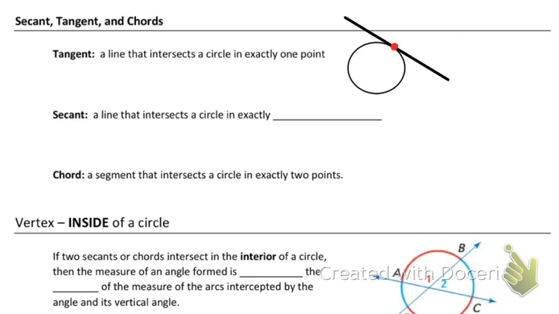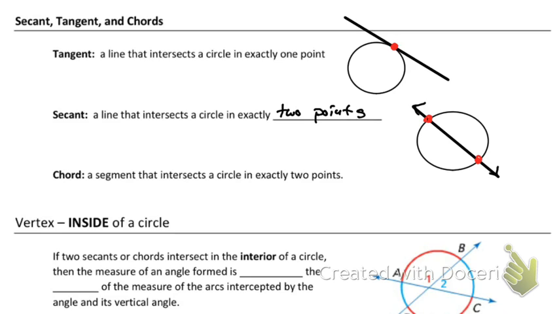Not 1, that's a tangent. 2. 2 would be a great guess, and 2 is in fact correct. Exactly 2 points. So an example of that would be a circle and just a line going through that circle. So that right there is a secant line.